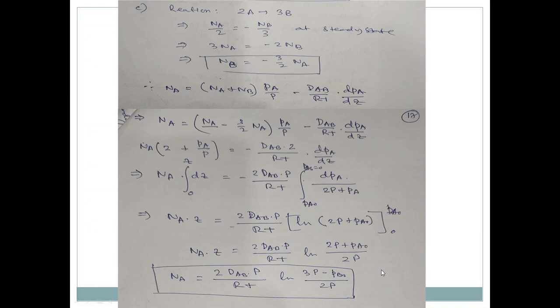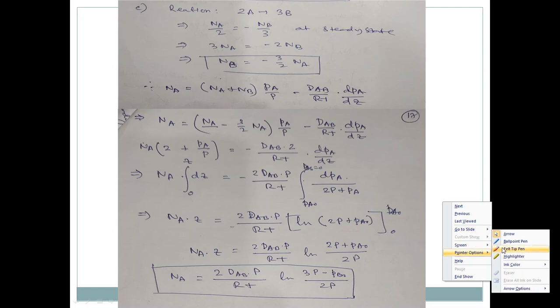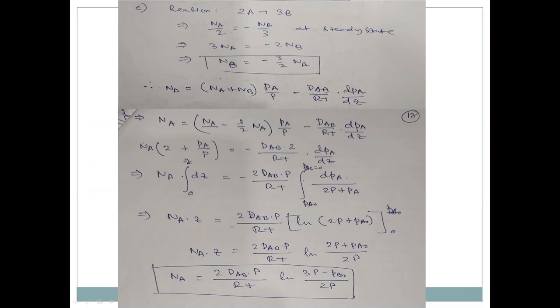This is PA, and this NA equals 2 DAB by RT delta, okay, with delta and delta. So this will be expressed.